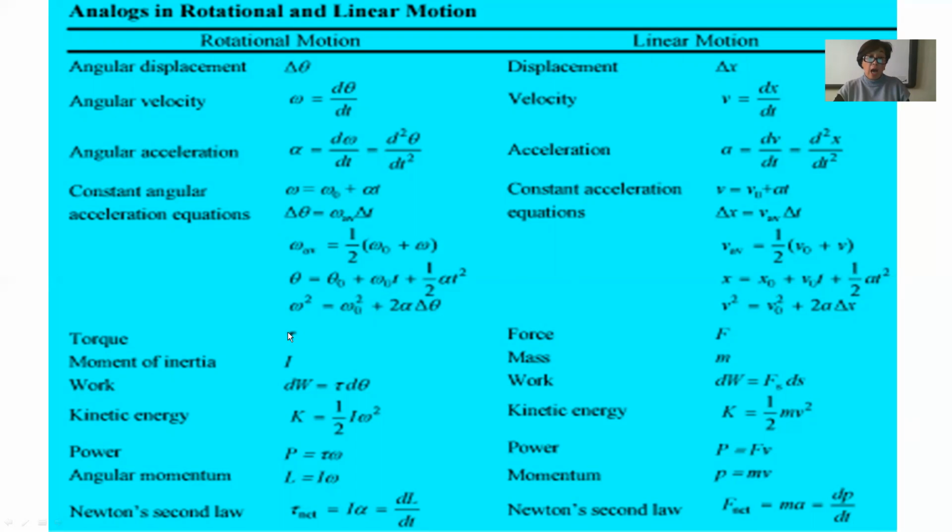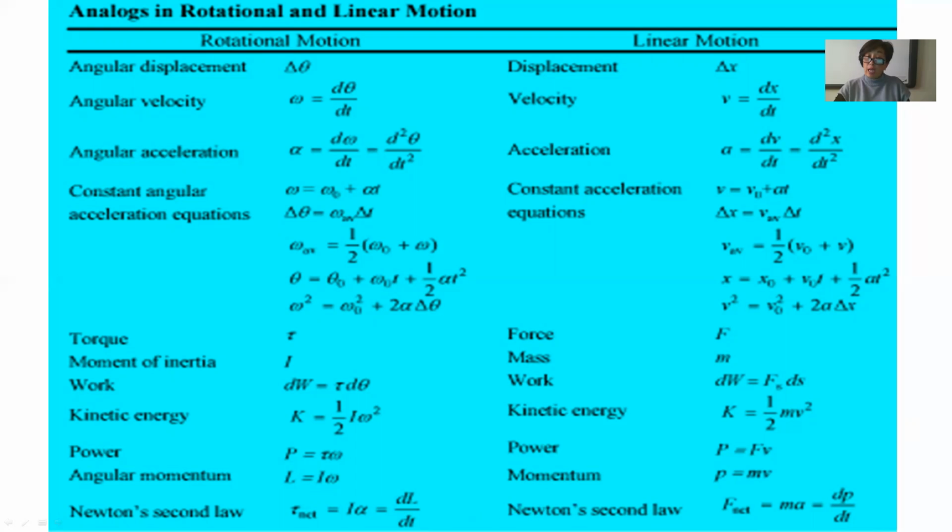Torque, tau, corresponds to force F. The moment of inertia corresponds to mass. Work: we know the formula of the elementary work, and here is the elementary work for rotational motion. Power, we know the formula, angular momentum, and Newton's second law.